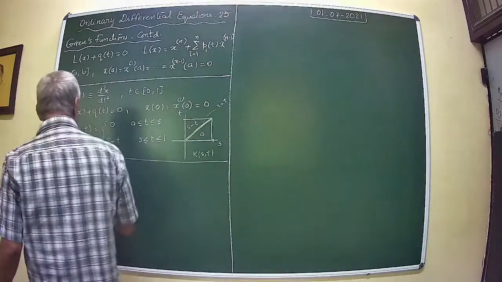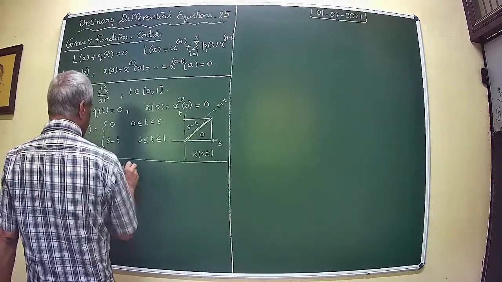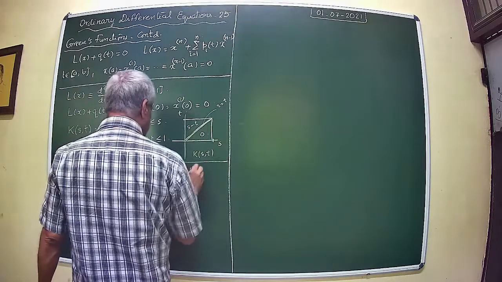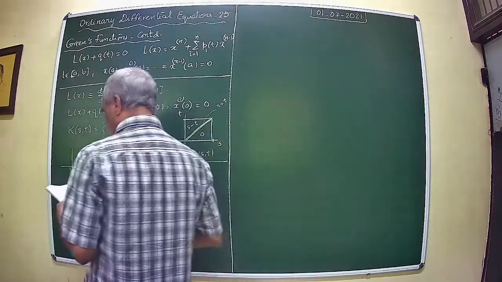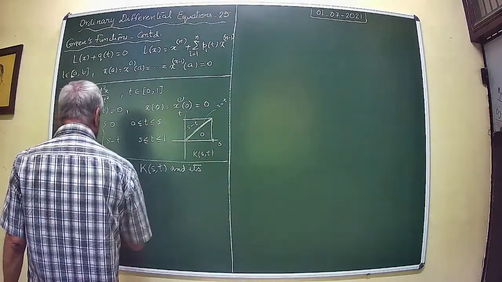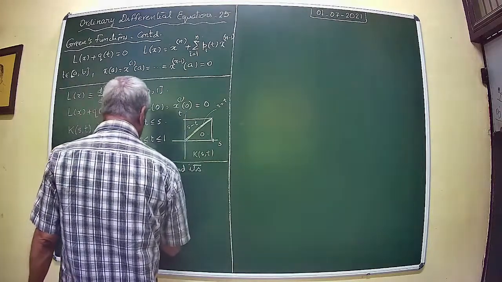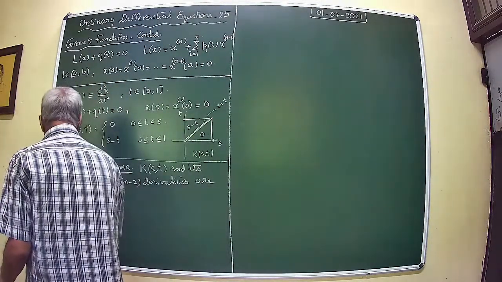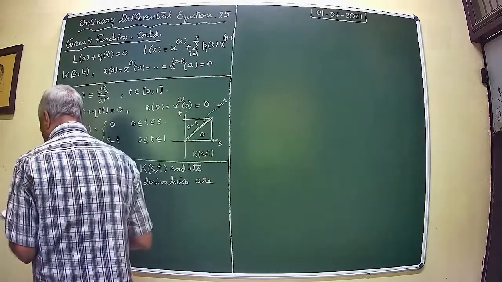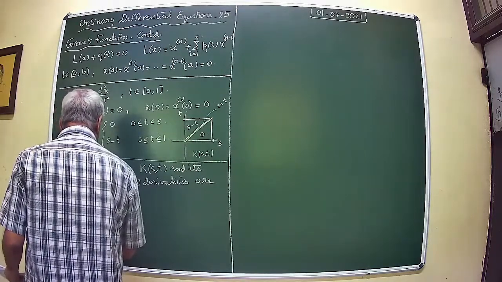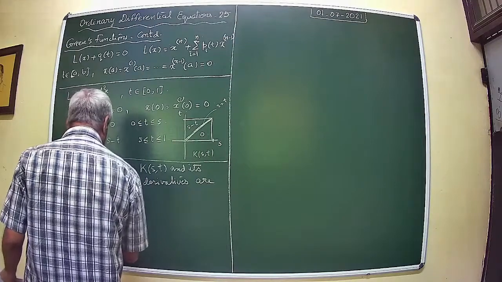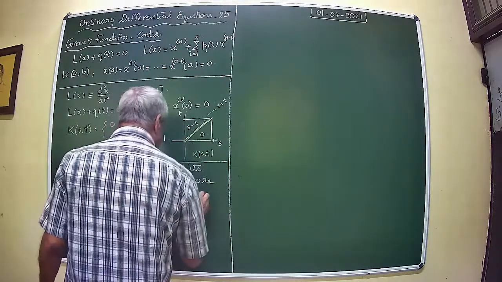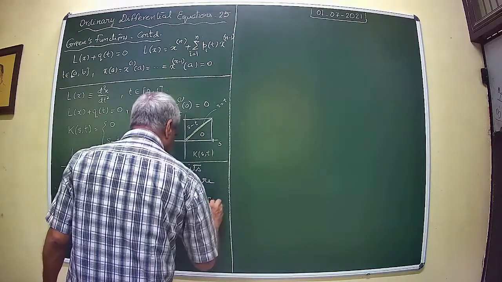So the lemma is: K(s,t) and its first n minus 2 derivatives are continuous for a less than or equal to s less than or equal to b, a less than or equal to t less than or equal to b. That means on [a,b] cross [a,b].